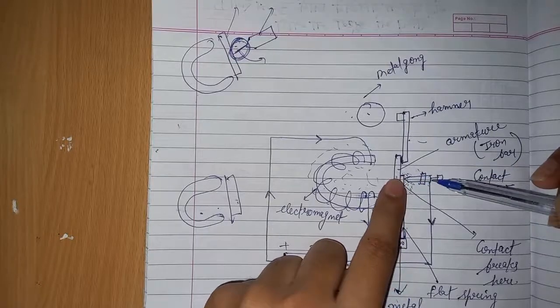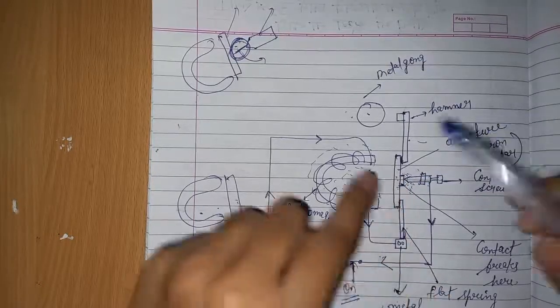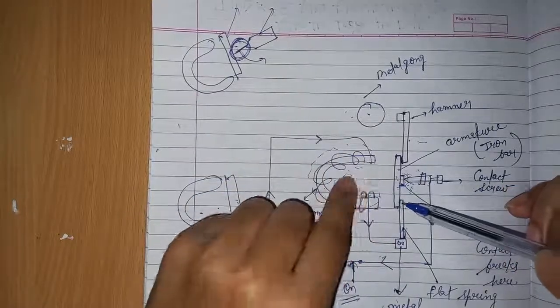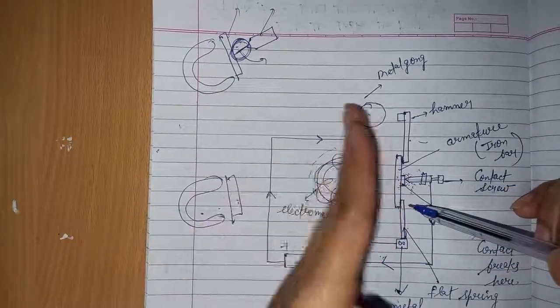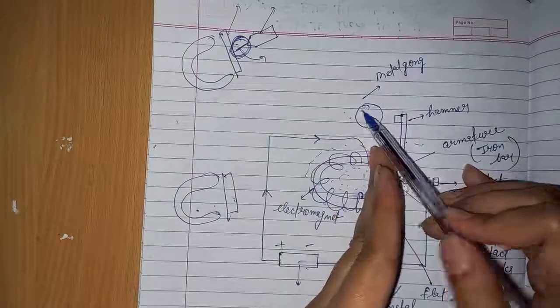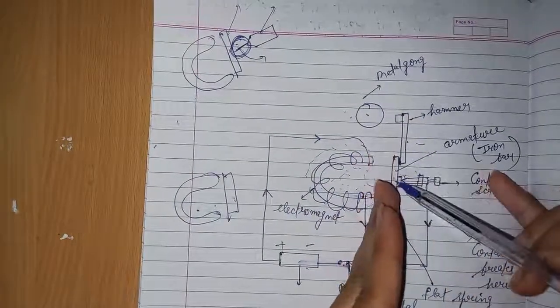and due to which the circuit is complete again. When the circuit is complete, it starts producing the magnetic field again and again attracts the armature toward it. When the armature comes here, the hammer strikes the metal gong, because the hammer is attached with this armature.